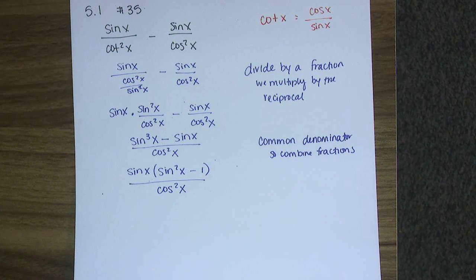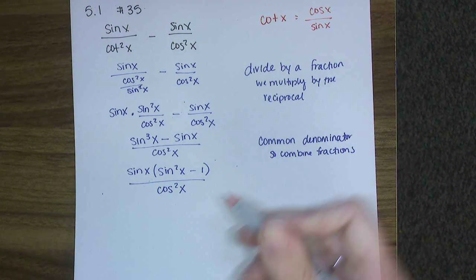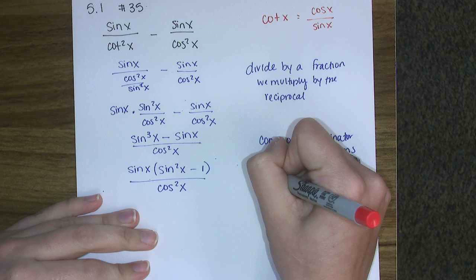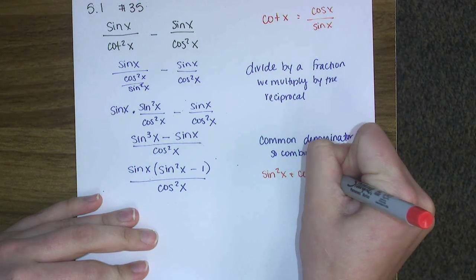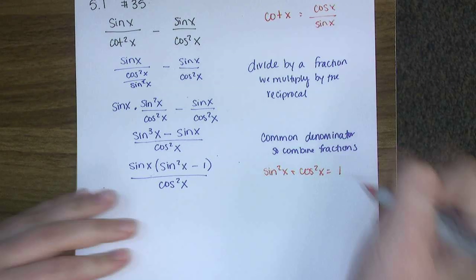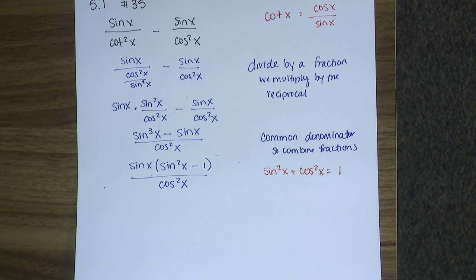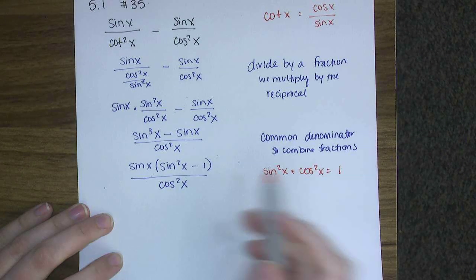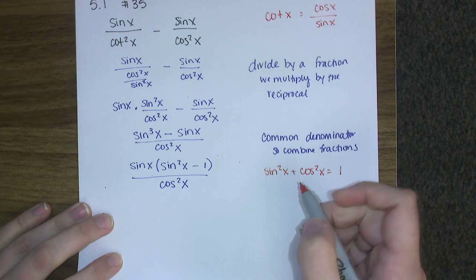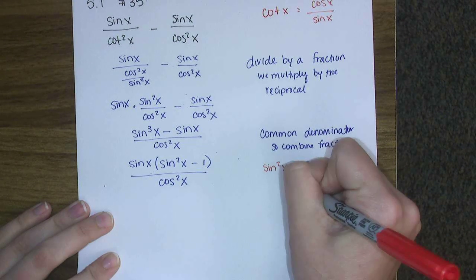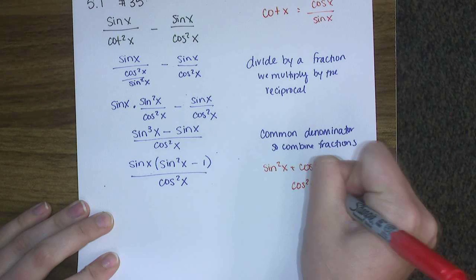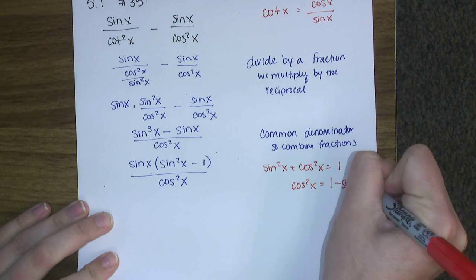Now, right here, what I need to look at is the fact that my Pythagorean identities say that sine squared of x plus cosine squared of x is equal to 1. So if I want to look at something involving sine squared and a negative 1, I need to solve: cosine squared is equal to 1 minus sine squared of x.